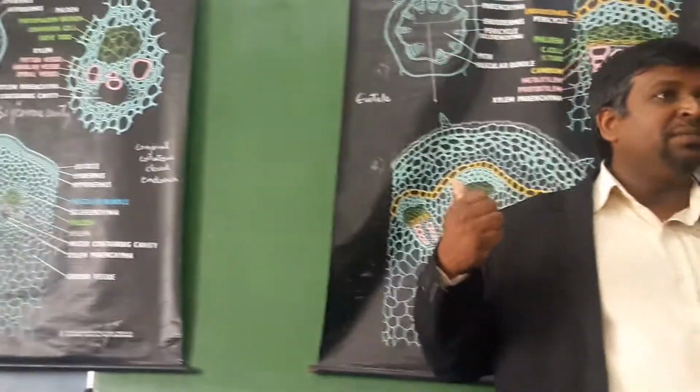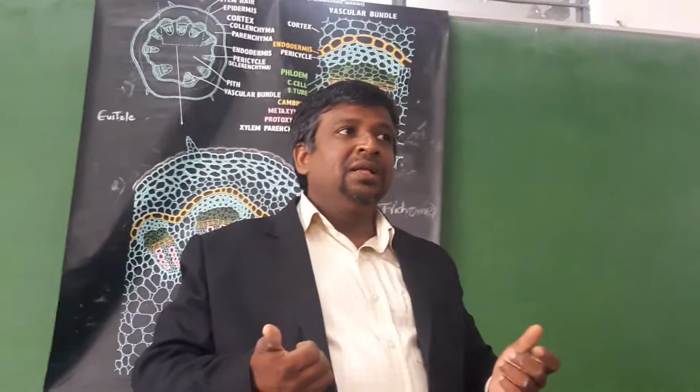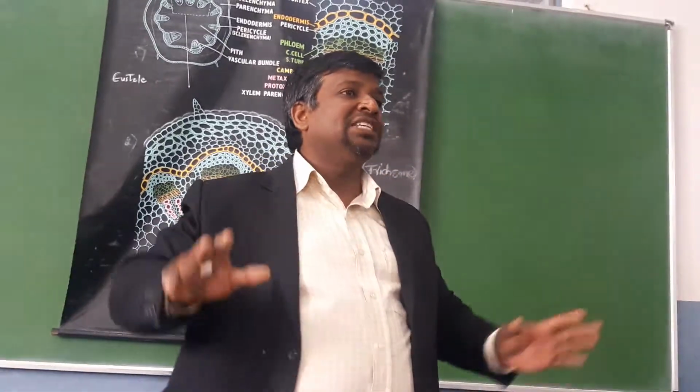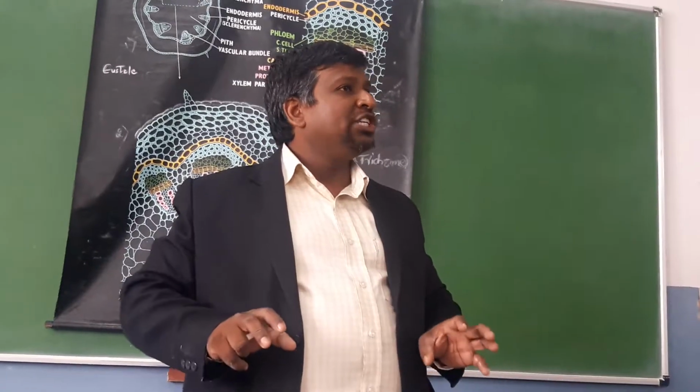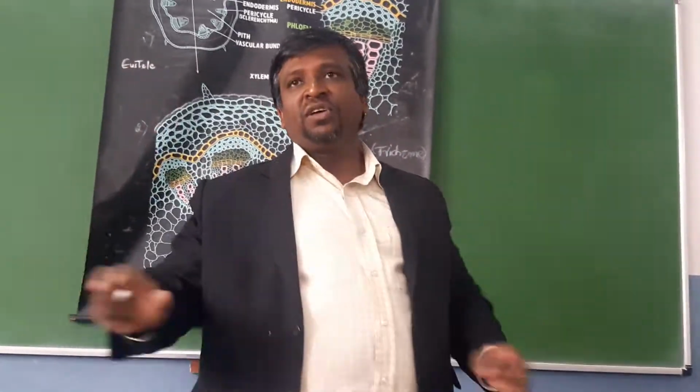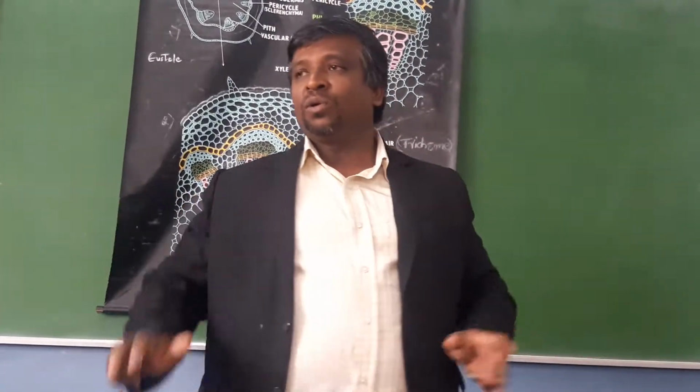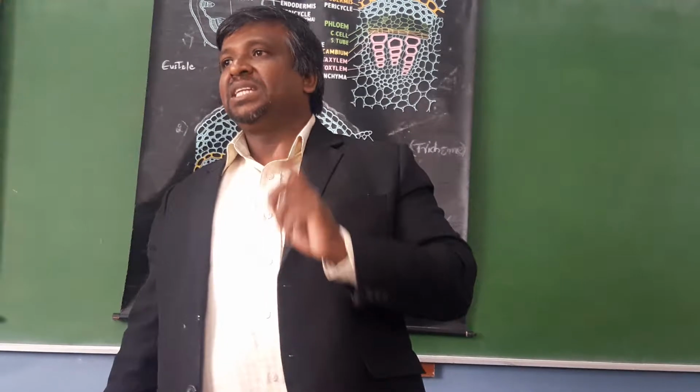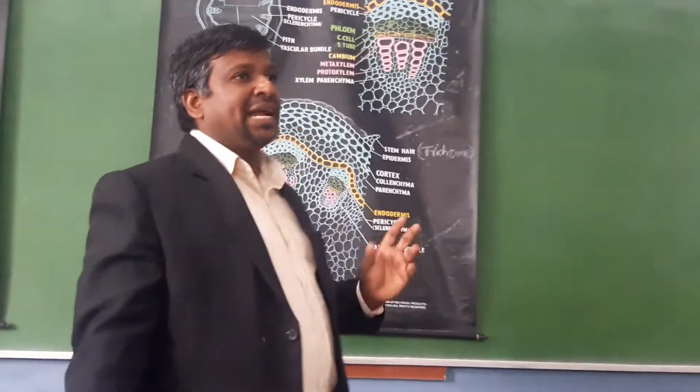They don't have endodermis, they don't have pericycle. So rather we call this tissue ground tissue. In the ground tissue you find a large number of vascular bundles scattered. Such an arrangement of vascular bundles, if they are scattered, what do you call it? Atactostele. That condition is called atactostele.